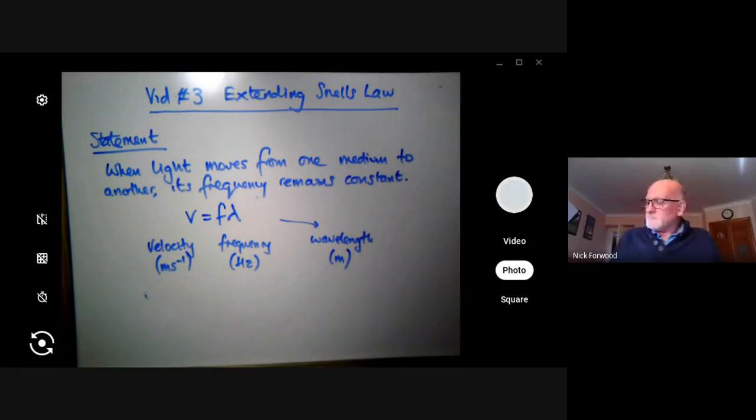Now, if we look at this formula in a little bit more detail, frequency stays the same.